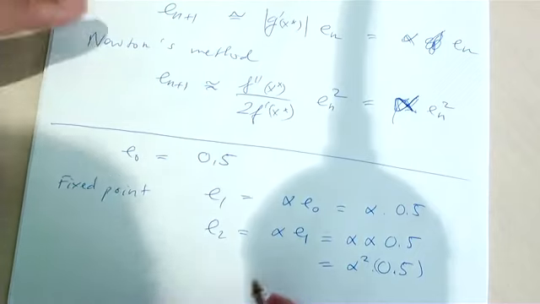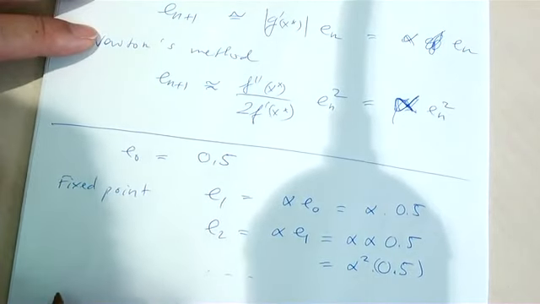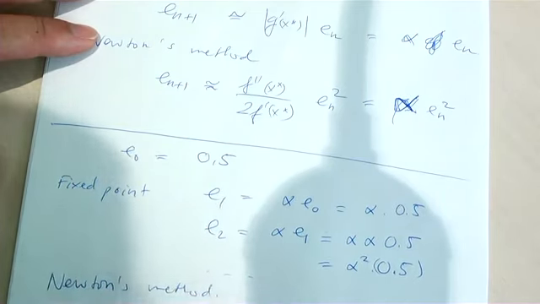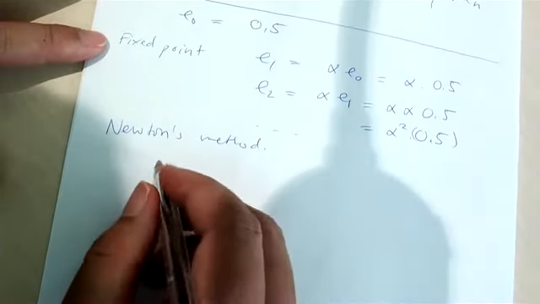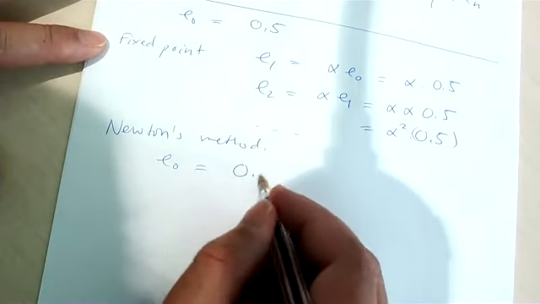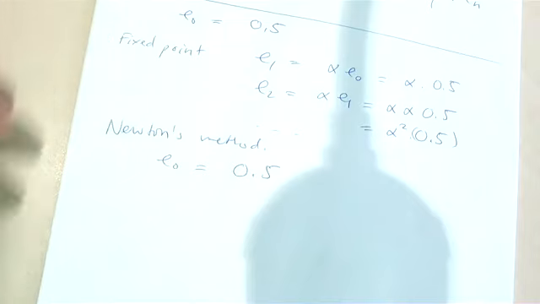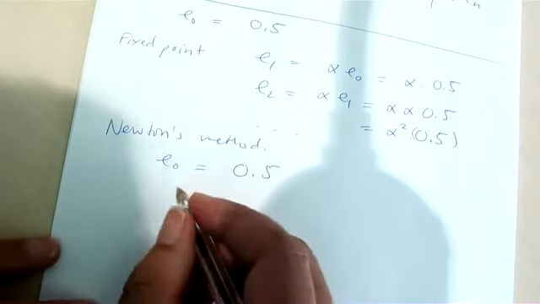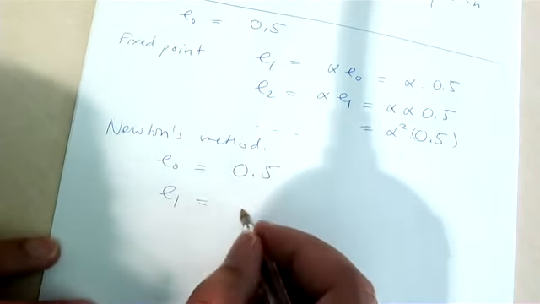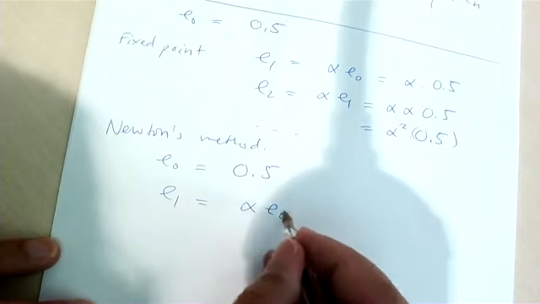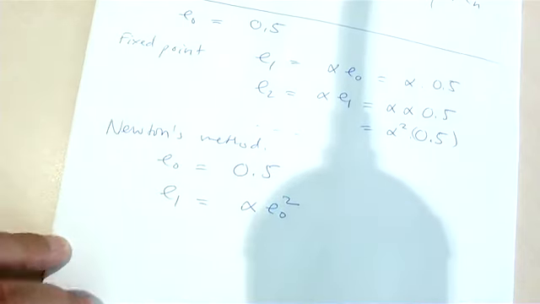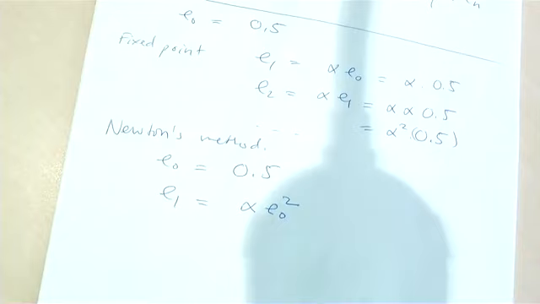And so on, right? Now suppose you use Newton method, and you start with e_0 equal 0.5 as well. Then what is your e_1? So e_1 will be alpha e_0 squared, right? By the theorem, suppose you can prove the theorem.